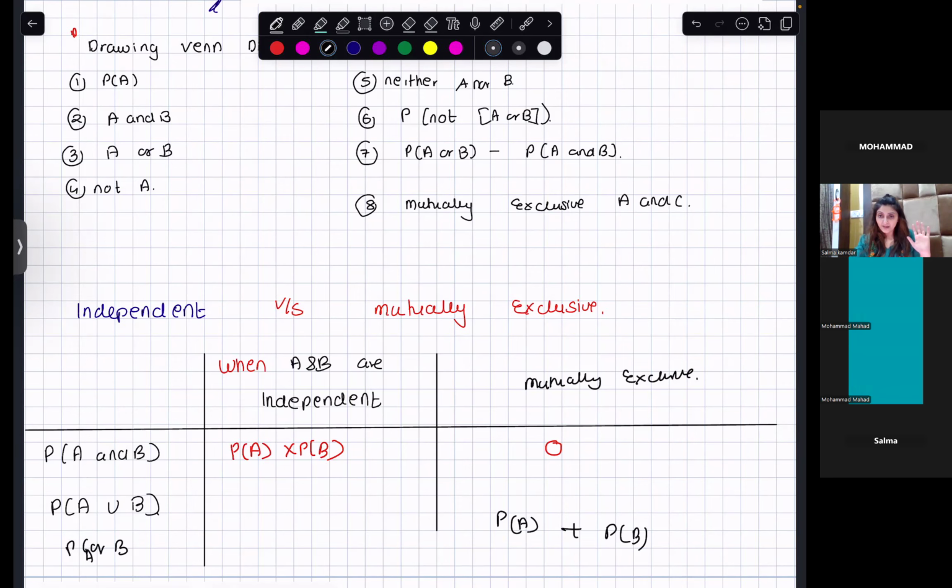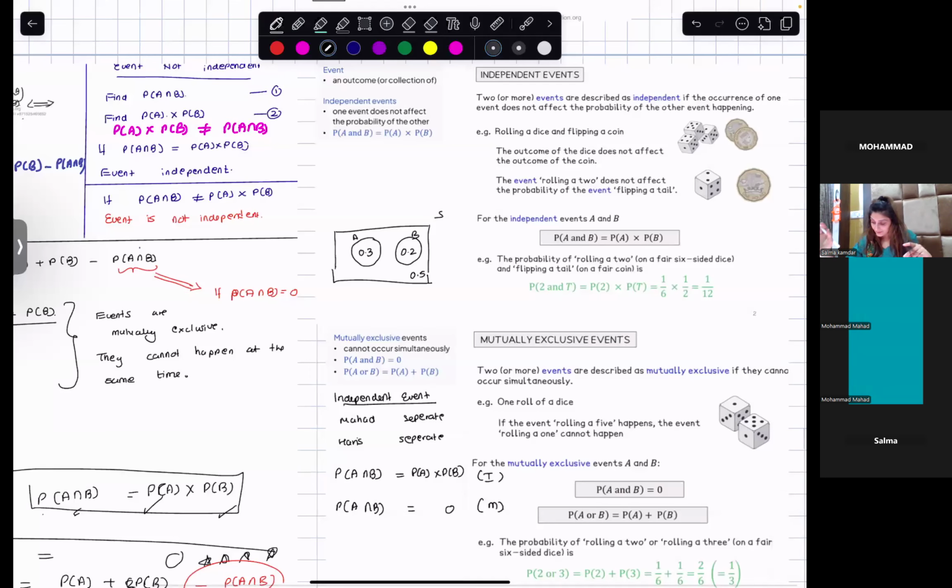First, understand this part. I'm pausing the video for a moment. When the events are independent, that means one happening, other happening, it does not matter. A and B can happen, probability of A into probability of B. Are you with me? Yes. Okay. When the events are mutually exclusive, that means Haris and Mahad cannot marry together.